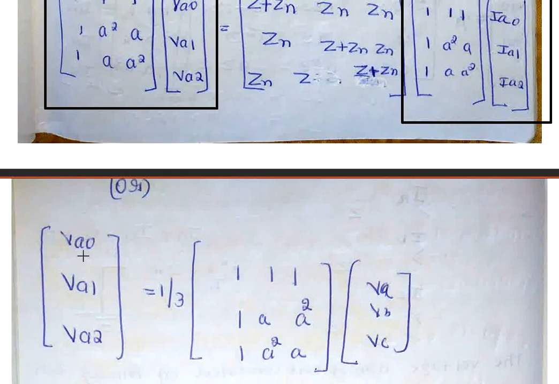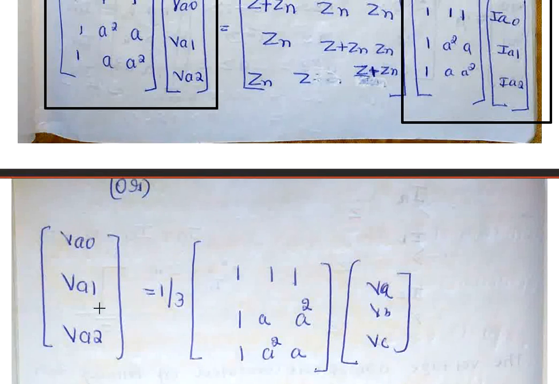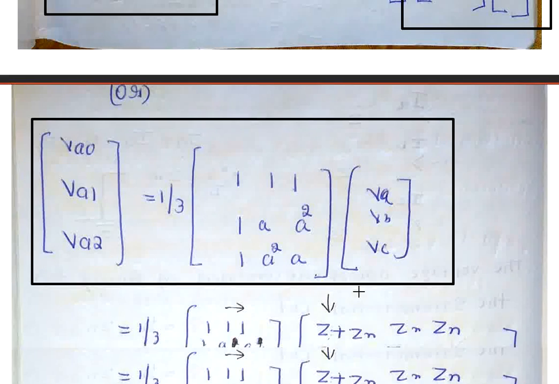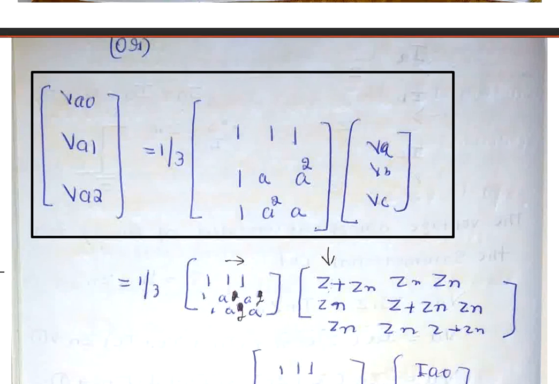So, what is the symmetrical component relation here? You have derived VA0, VA1, VA2 equals 1 by 3 times the matrix 1, 1, 1; 1, a, a square; 1, a square, a, times the phase voltages. These are the symmetrical components in terms of phase voltages. Now, what is VABC?